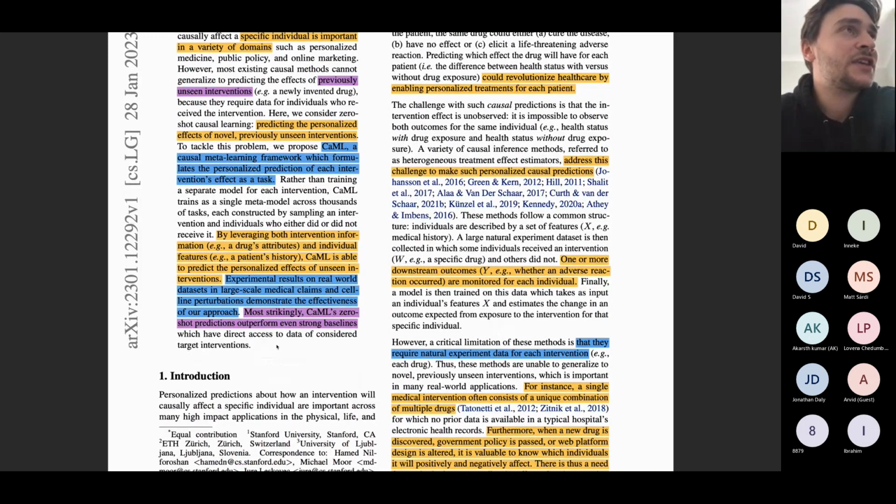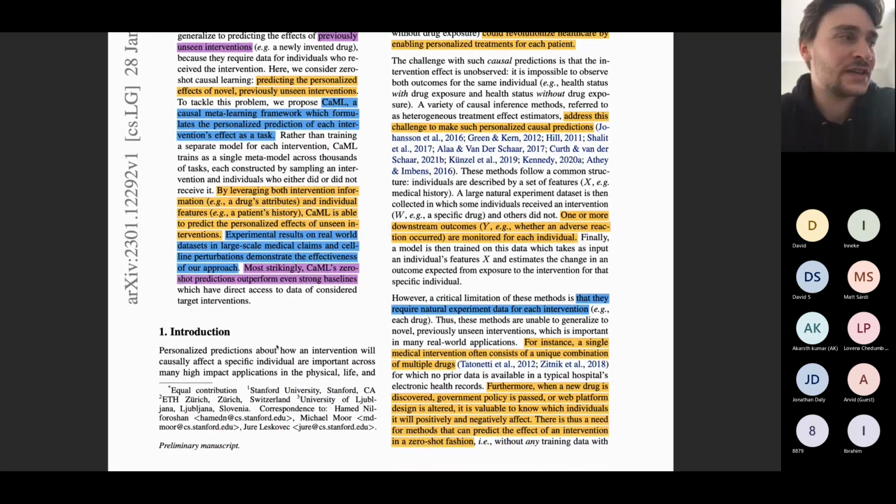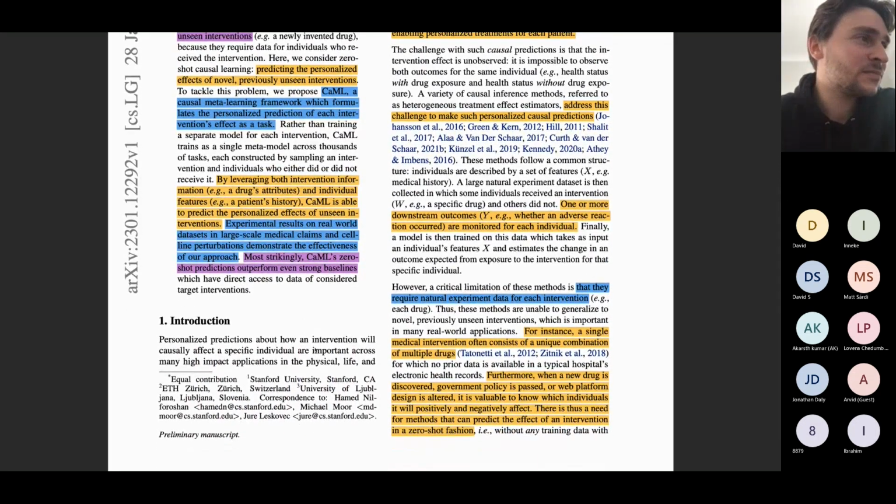So I guess that demonstrates that there's a lot of shared structure between these tasks, and that you can take advantage of that shared structure using a method like CAMEL. I'm sure there's another paper that has CAMEL as an acronym. That's just a random thought.